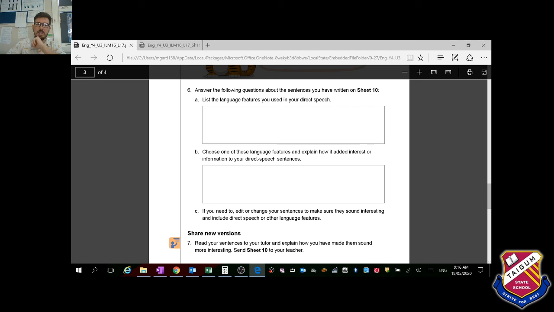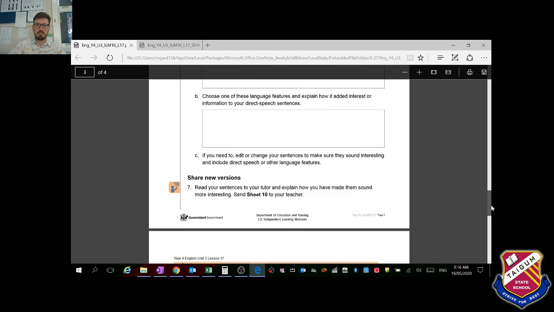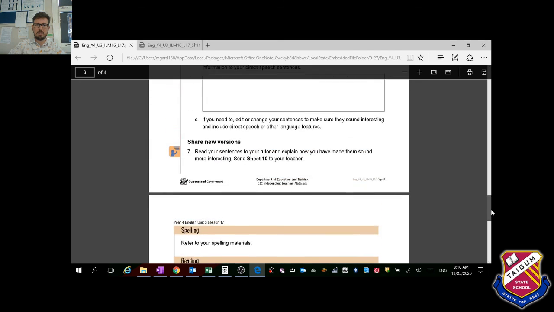If you need to, edit your sentences to include more language features. So if you found that you didn't have enough language features, get a red pen or a pencil and add some more in, using the caret to add some more in, or you can cross out ones that you want to fix. That's basically it, guys.